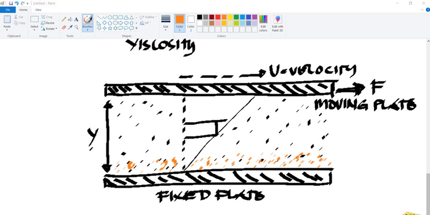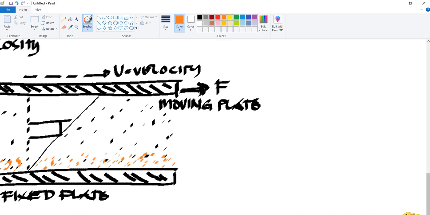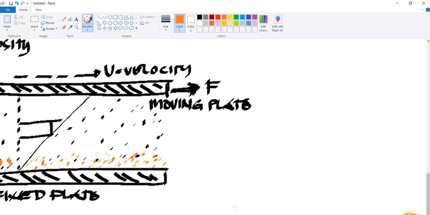So we can write an equation for that. Let's change the color.